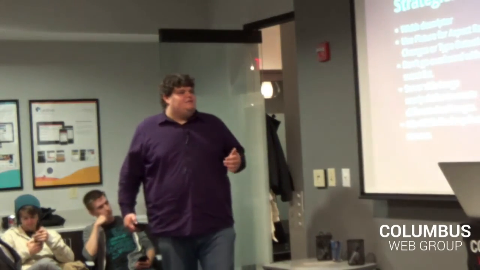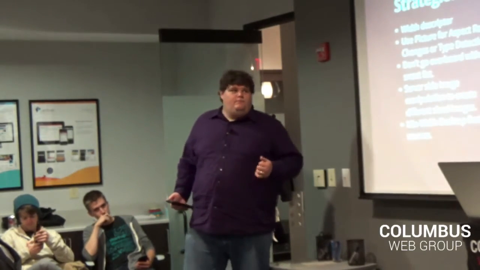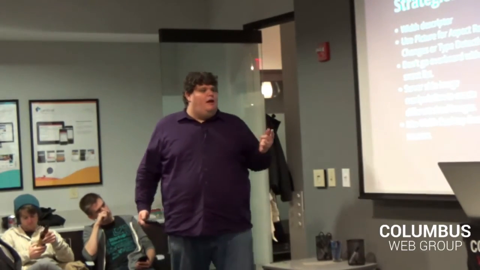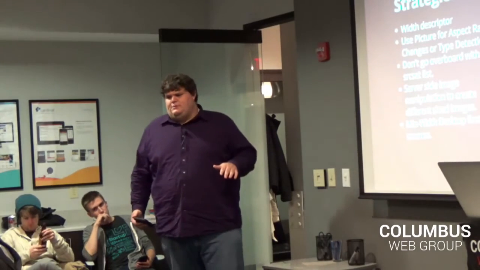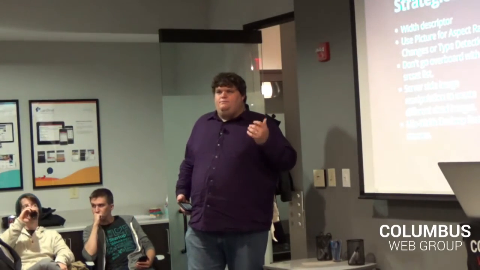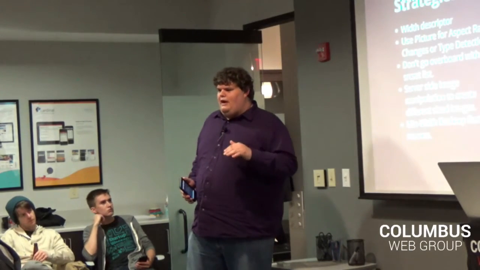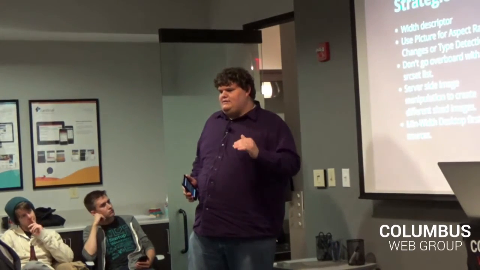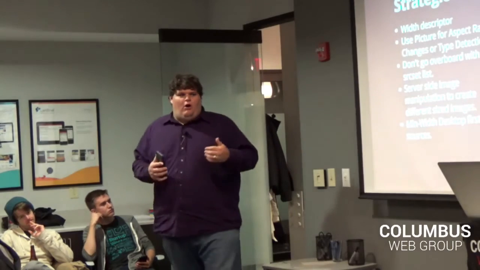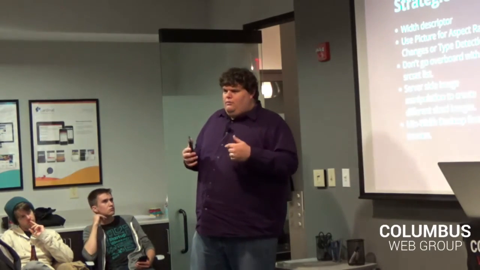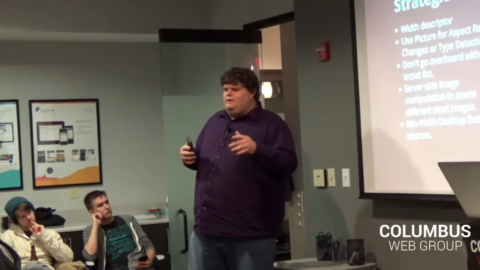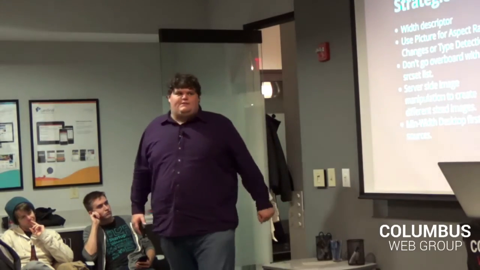So here are some strategies that I use. For one, I almost always use the width descriptor. The pixel density descriptors are right, but it's very rare that I have an image that is always the exact same size through the whole flexible web experience.